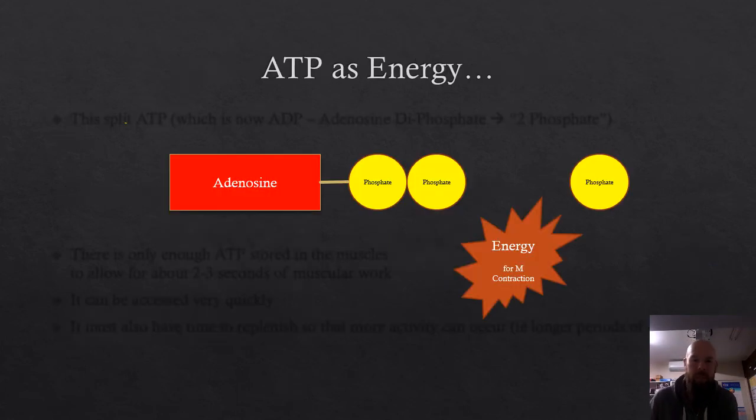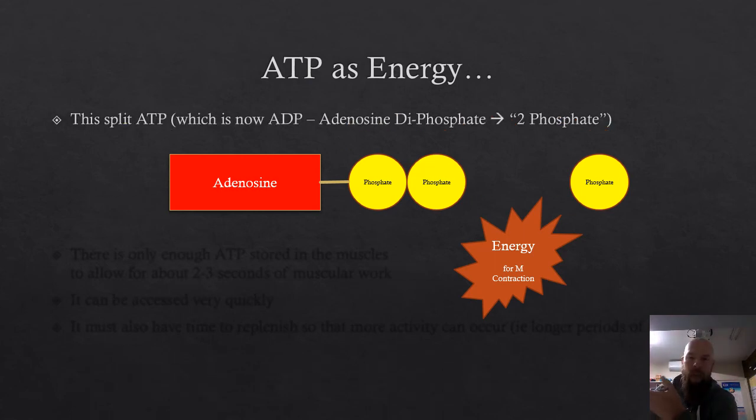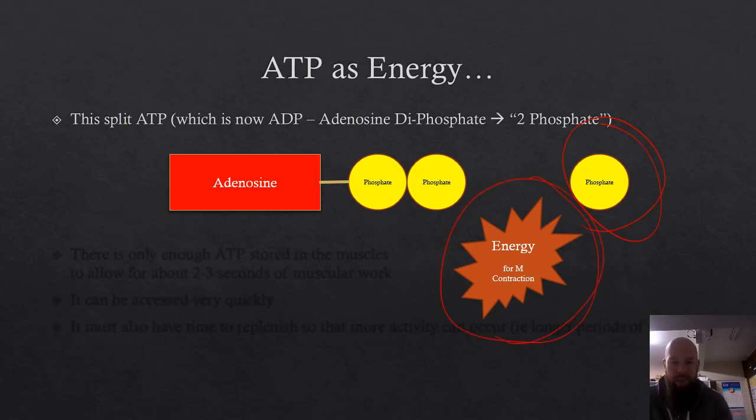It now splits down into what's called adenosine diphosphate, or 2-phosphate. Don't ask me why it's called di and not bi, but it just is. So this phosphate has broken off, and you've got this burst of energy for muscular contraction. That's what M contraction is. I just didn't have the space to put muscular.